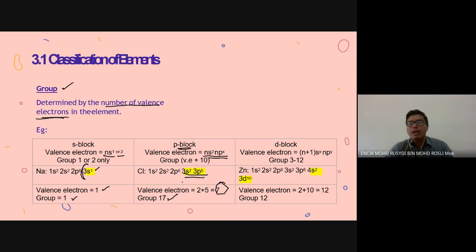Okay. Last one here we have the D block.